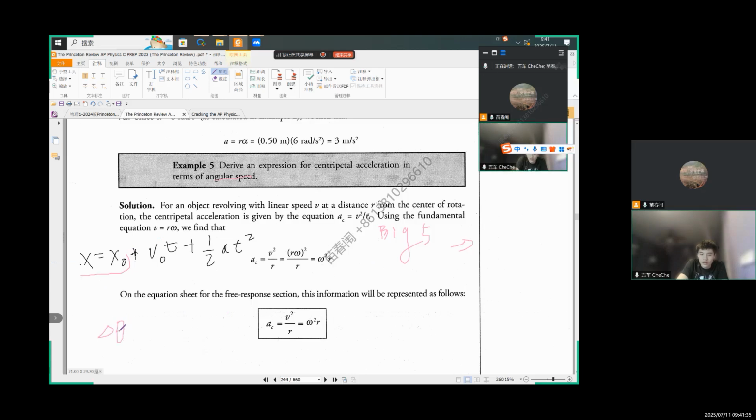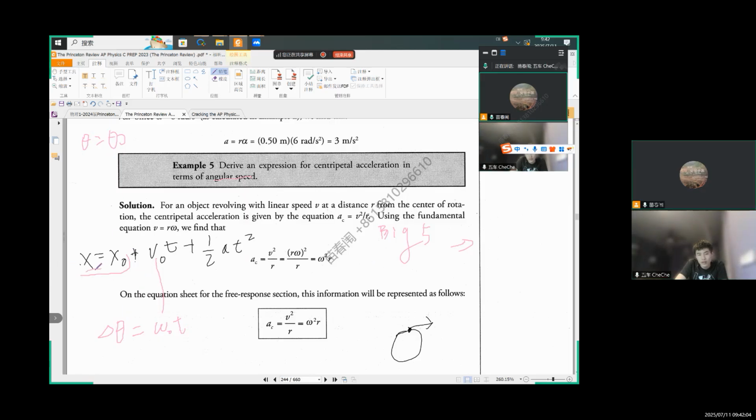Delta theta equals, your v0 becomes my omega 0, the initial angular velocity. Otherwise, I have to write theta equals theta 0 plus, which is a little too much. You can write theta equals theta 0. Does that make sense?